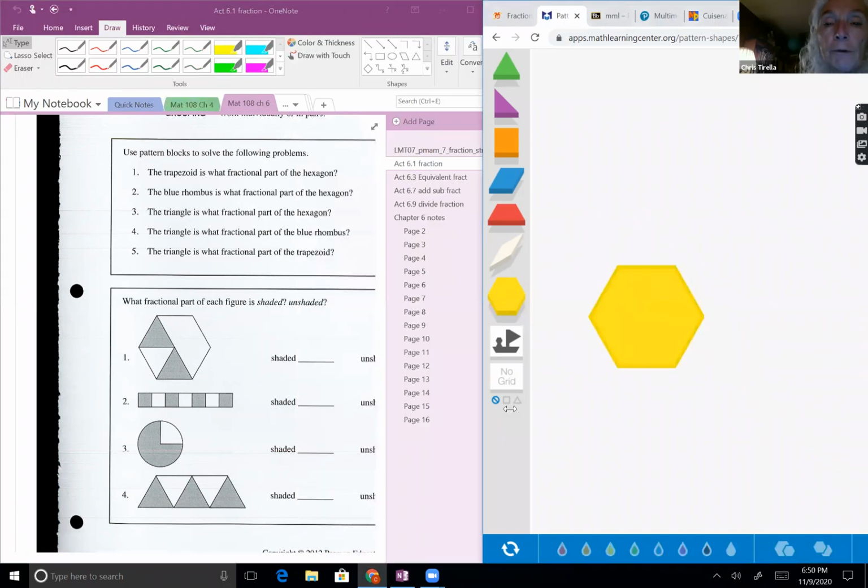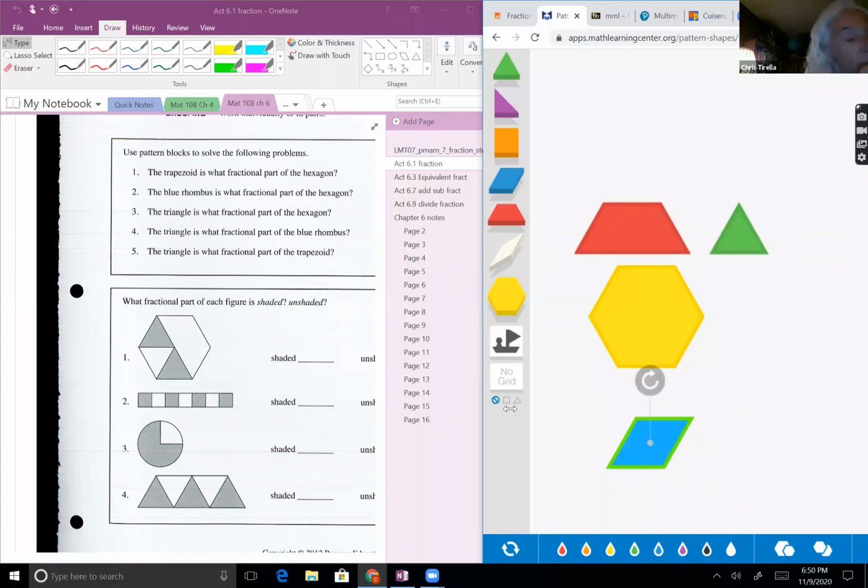When we're talking about the red trapezoid, we're talking about this shape. The green triangle would be here. And the blue rhombus would be here. And so I do believe that all of these are available as hands-on manipulatives in the little Ziploc container in the back of your activity manual.